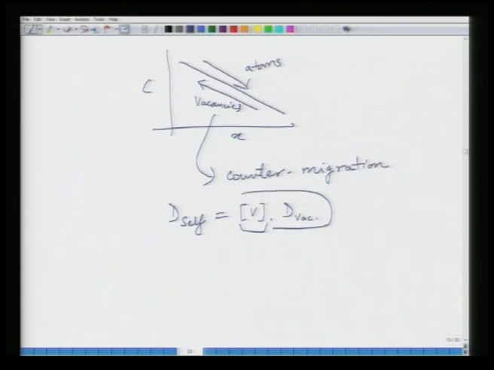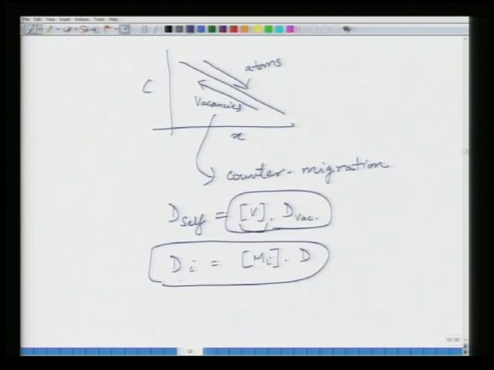So, this is your atomic self diffusion coefficient. In case of interstitials, it would be Di multiplied by whatever the interstitial concentration, multiplied by the diffusivity coefficient.